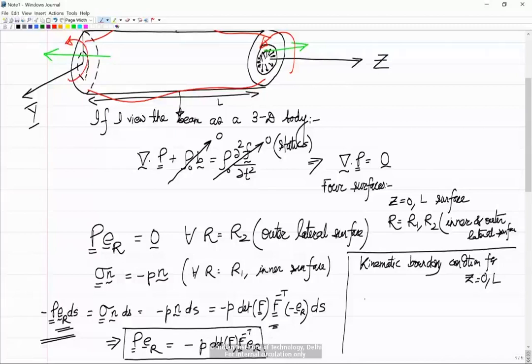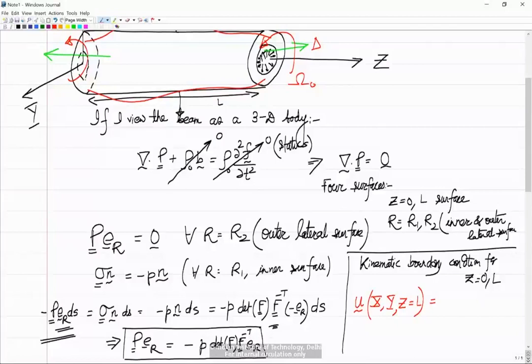So what can you say about the displacements of points on the two cross sections? For example, what will be u when it's big X, big Y, and big Z is equal to L. Suppose the rotation is by omega naught and the axial movement is by delta. Due to this big omega naught, it's going to rotate, isn't it?